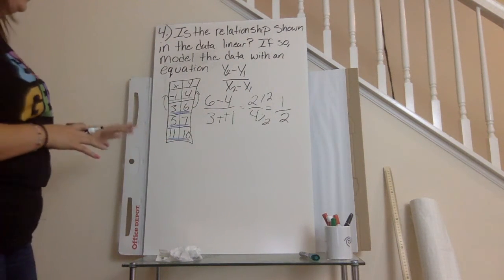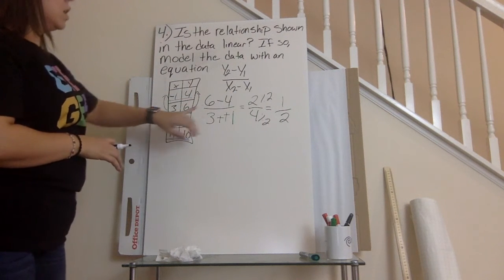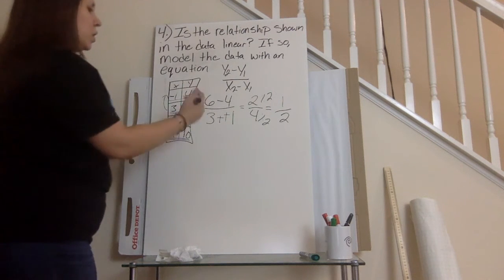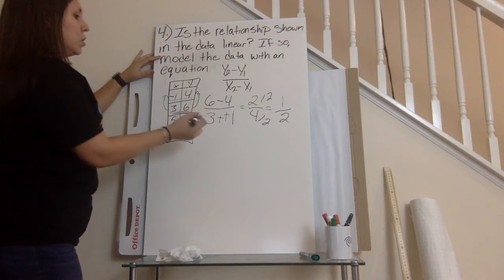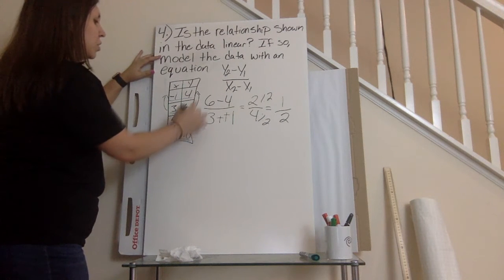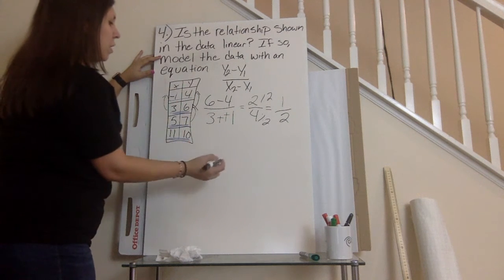If I want it to be linear, then every time I do this, my answer should be 1/2. So let's do this a couple more times. We're going to use 5, 7 as our starting point, and we're going to go towards the 6.